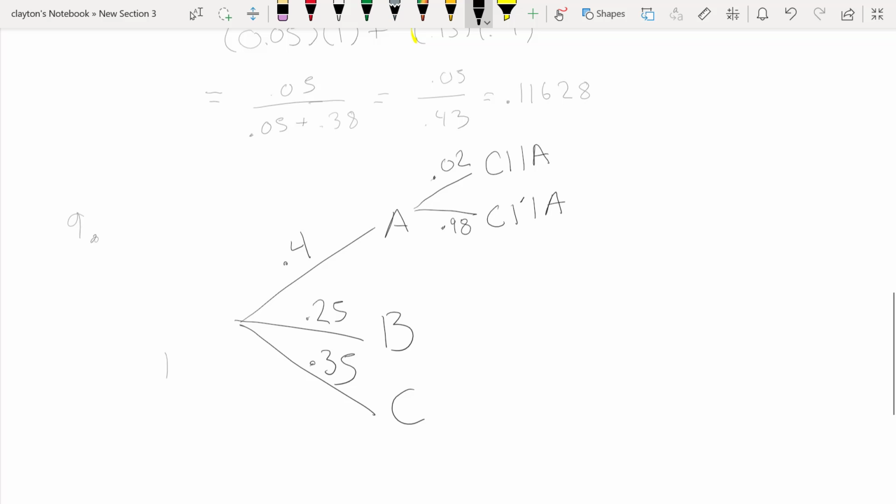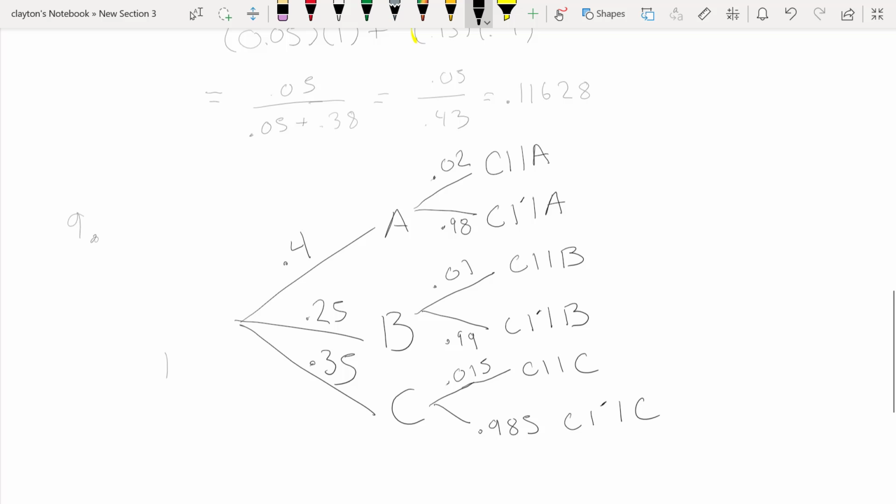For B, it says 1%, and so 0.01 is a claim given that you were in B, which means there's a 99% chance you don't make a claim if you're in B. And finally, C is going to be 1.5%, so 0.015 is a claim, given that you're in C, which means 0.985 is no claim, given that you're in C.